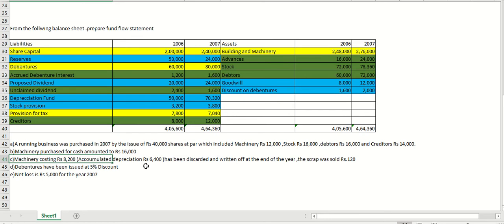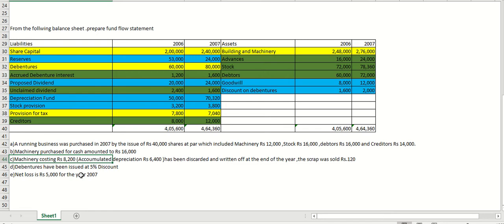But we are selling that machinery at 120 rupees, which is a loss on sale. So the loss is 1,800 minus 120, which you get 1,680. It will be accounted in your building and machinery account as by profit and loss account, which is a loss of 1,680. I'm sure it's clear.